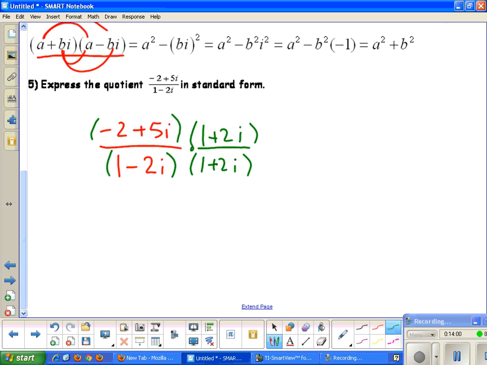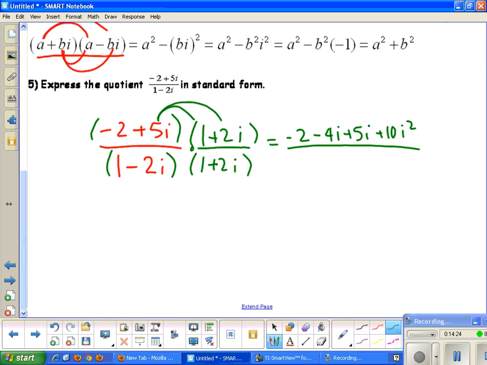And I would multiply my numerator and my denominator by this. So when I do my numerator, I get -2 times 1, which is -2. -2 times 2i would give me minus 4i. And then 5i times the 1 gives me plus 5i, and then 5i times 2i gives me plus 10i squared. And then I'm going to do my denominator.